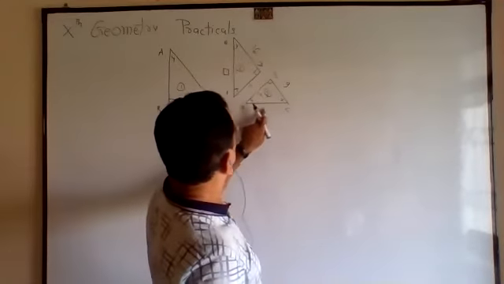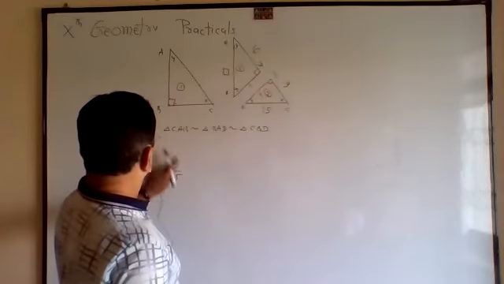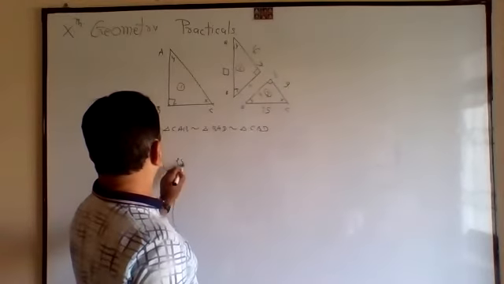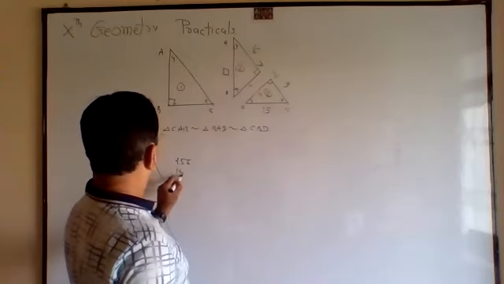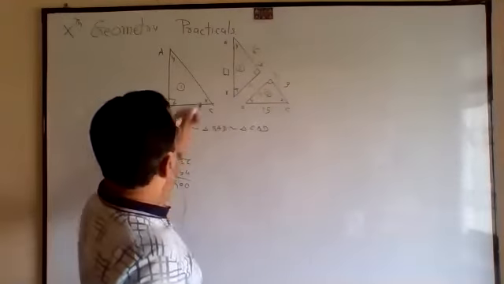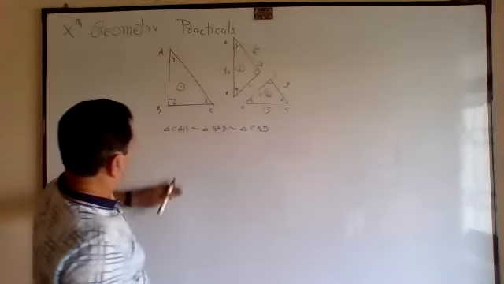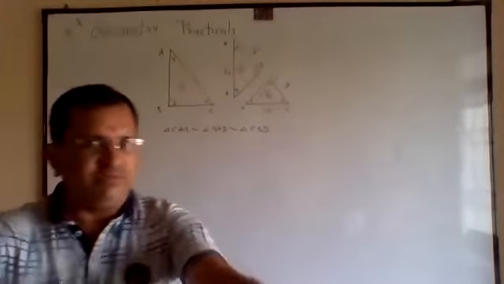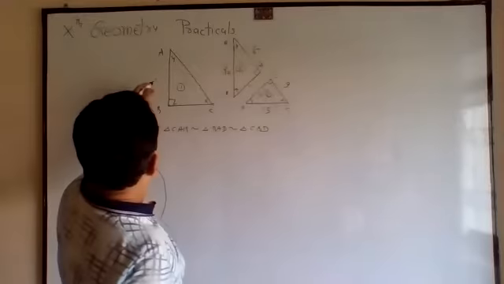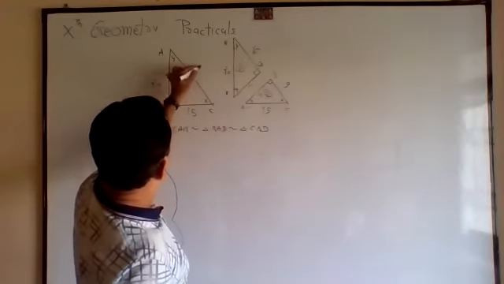So this is 15. 16 square is 256. Take this measurement, this will be better. So this is 20, this is 15, and total is 25.